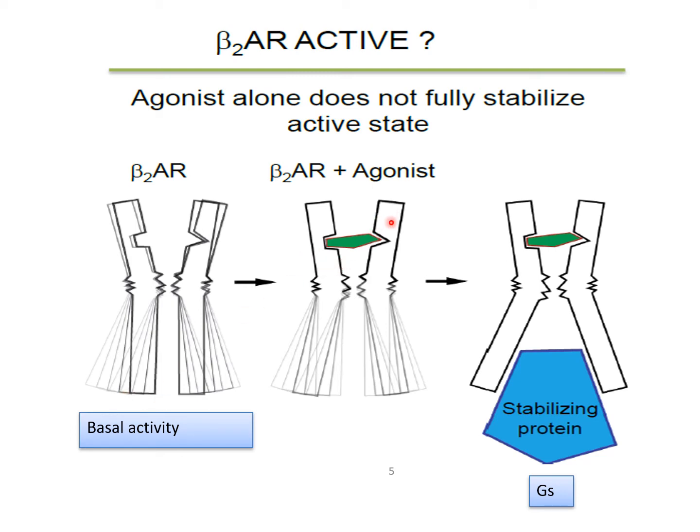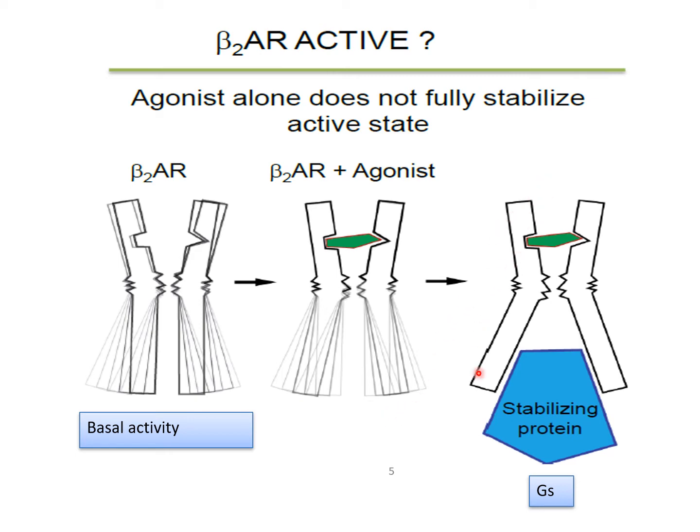But when agonists chemically interact with the receptor, then a particular conformation or a set of conformations were favored over the others. So here you can see in this figure, the number of conformations has decreased compared to the conformations present under the basal activity condition.